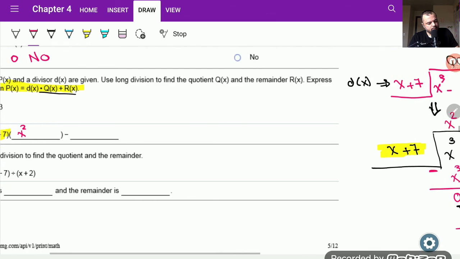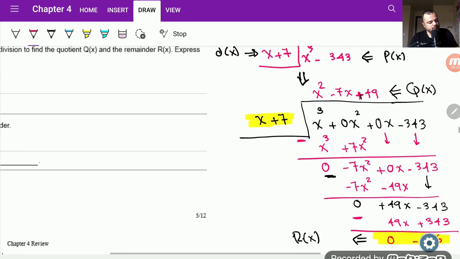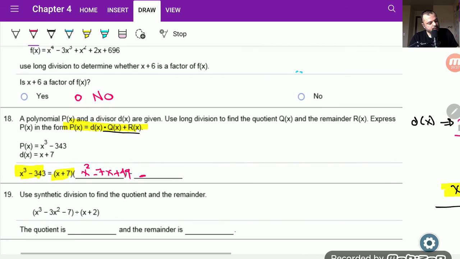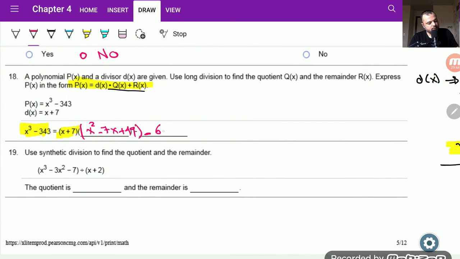Then you close the parentheses, then minus 686. Good.